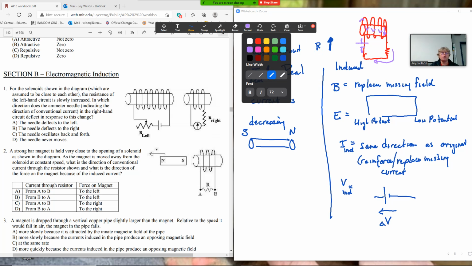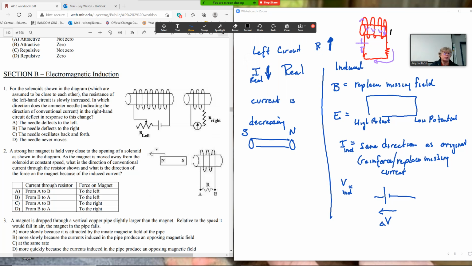It means that it replaces the missing field, like so. So the little compass needle down here, the compass needle will point towards north. So it will bend so that it turns that way. So my compass needle's end position will be over here. It'll point north, because all compasses point north.